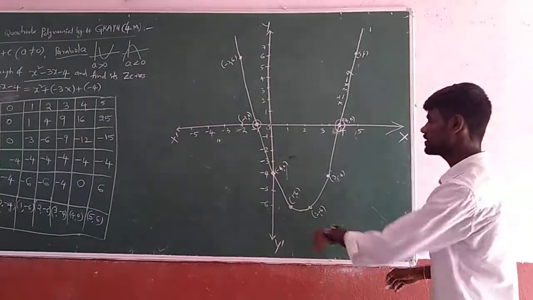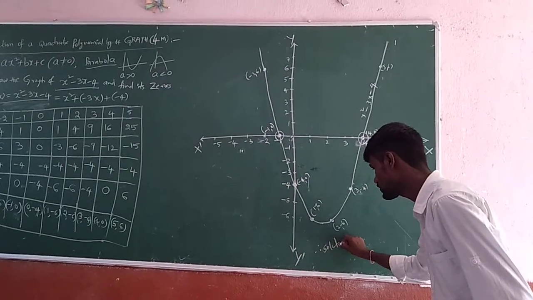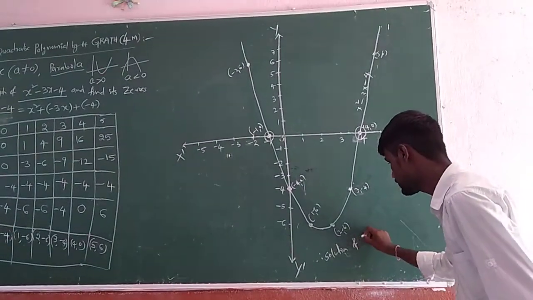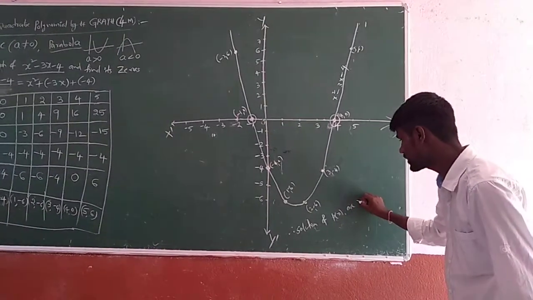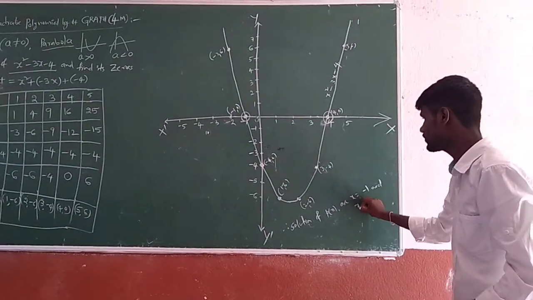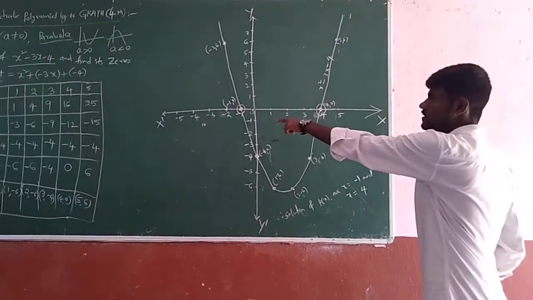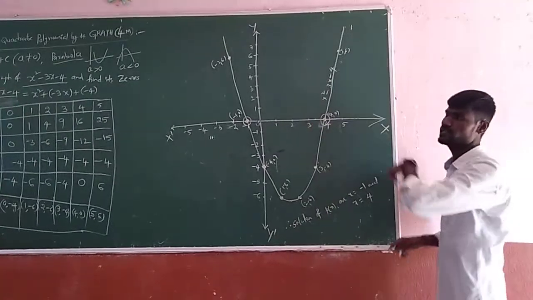So what are the zeros? You can write: therefore, the solutions, the zeros of p(x), are x = -1 and x = 4. Minus 1 and 4. So these are the zeros of the given quadratic polynomial.